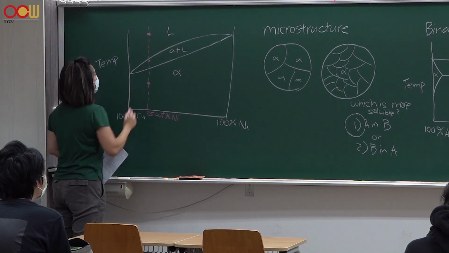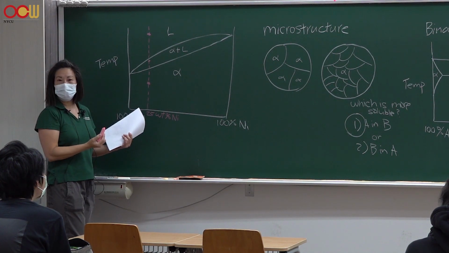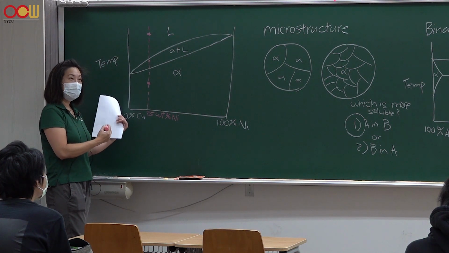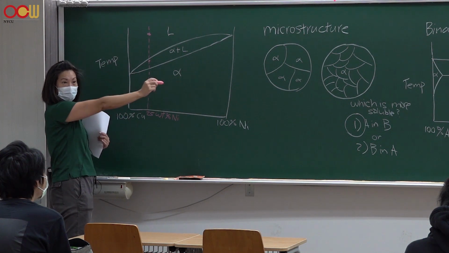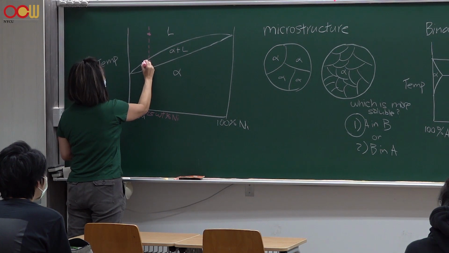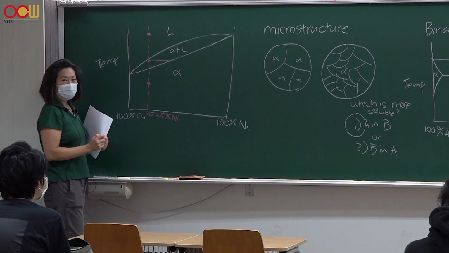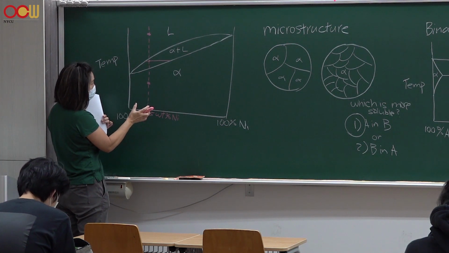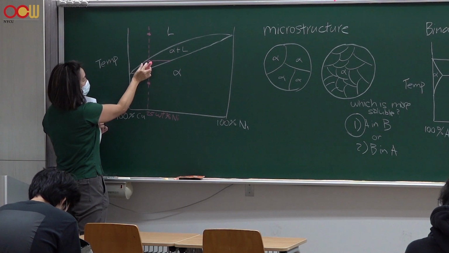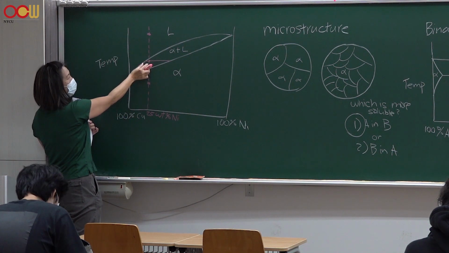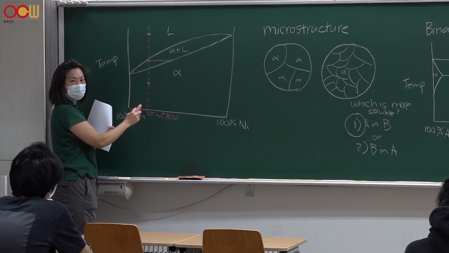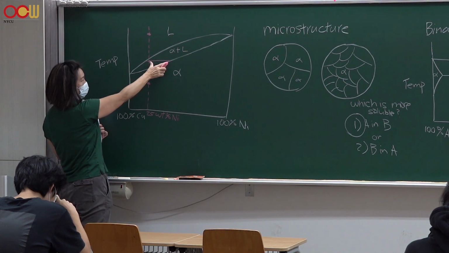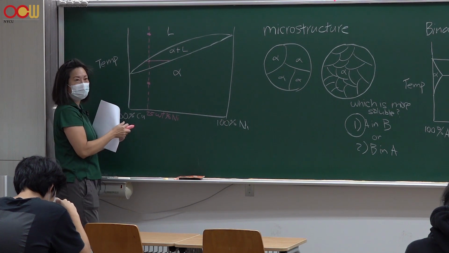Here, I would have a mixture of some phases, right? And how do I know how much alpha and how much beta? We draw what is called the tie line, right? Remember? We draw a horizontal line across, and the percent of alpha is the opposite length of the tie line divided by the entire length. And then the percent of liquid is the opposite length divided by the entire length, right?